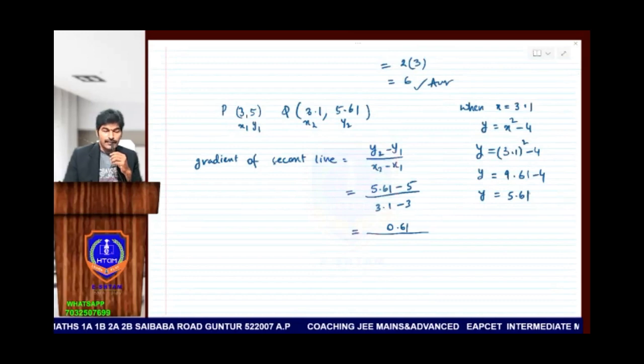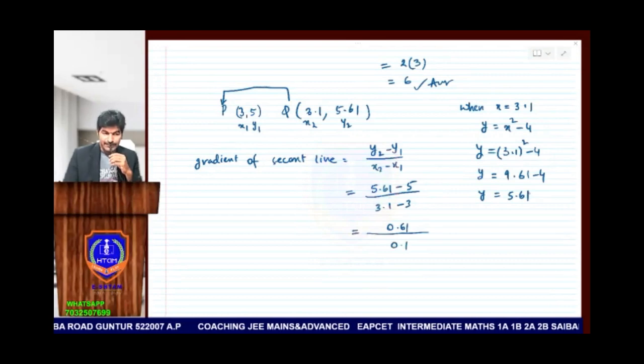Always remember, from the second point you subtract the first point, respective y values in the numerator and x values in the denominator. Don't change the order; if you change the order, you will get a wrong answer. 3.1 minus 3 is 0.1.